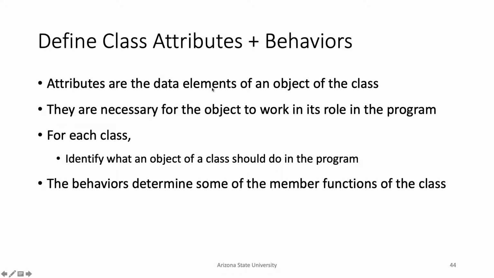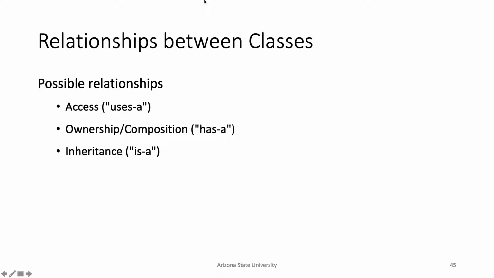The attributes, that's basically what I said, is just how do the functions relate these member variables together. So like if you have an ASU student and you have a list of courses that the student has taken, then how does that relate to the GPA member variable of the student?